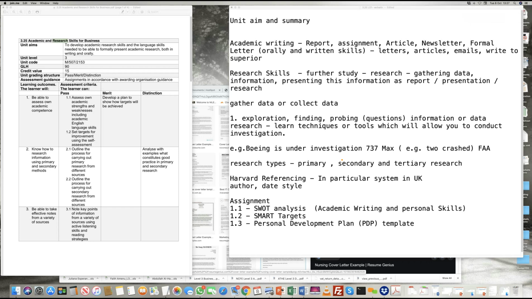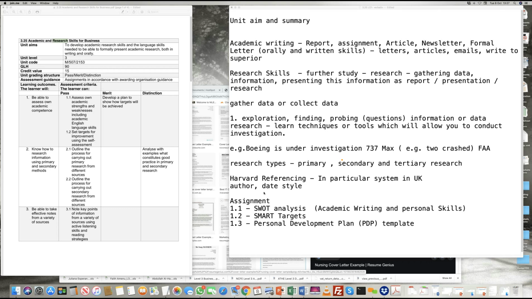So we looked at one quiz in particular, wherein I took you through what is primary research, secondary research, and tertiary research.